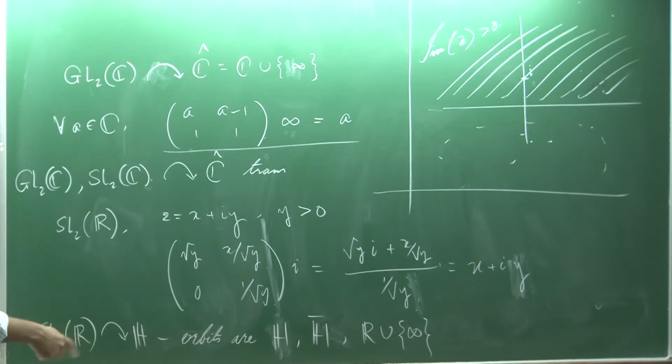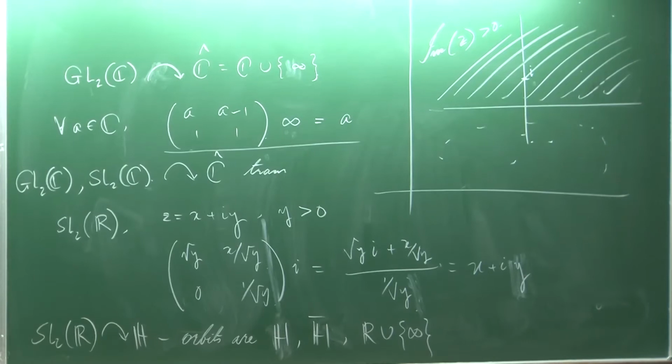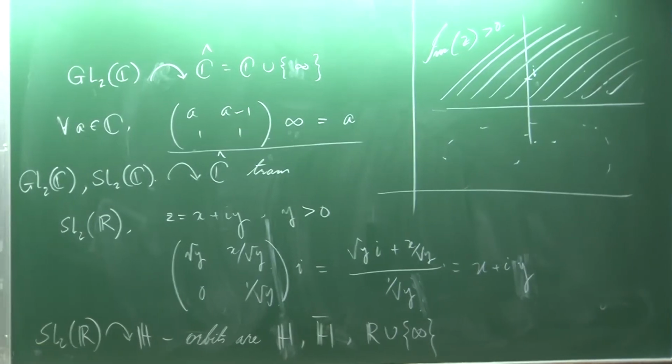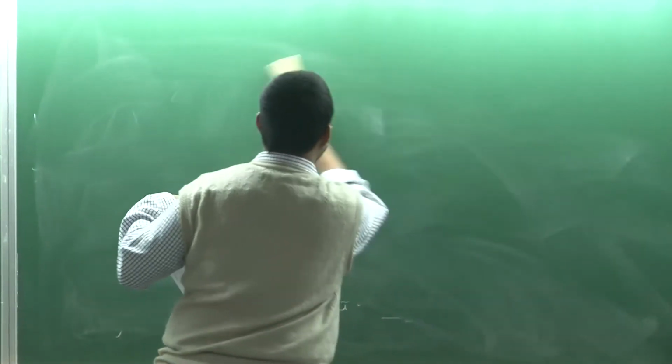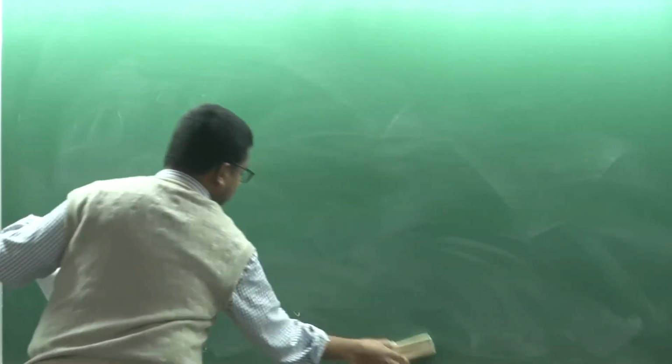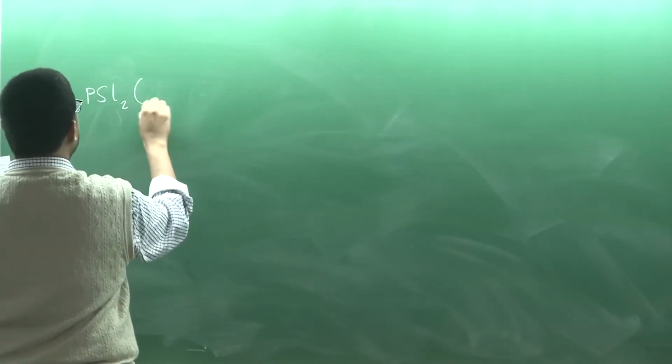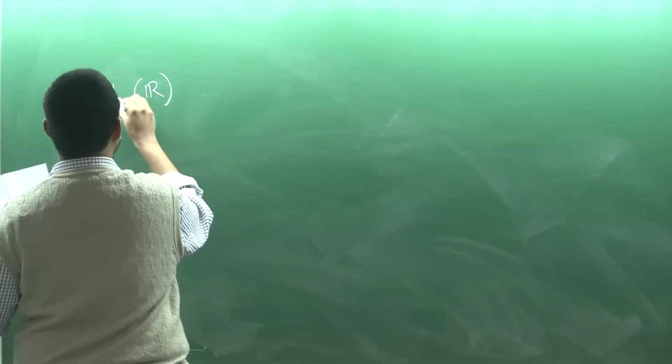Okay, now let us concentrate upon this example, and since we have already seen that this action has plus minus identity, the subgroup, in the kernel, we can further quotient this group and then safely consider the action of PSL2R on the upper half plane.